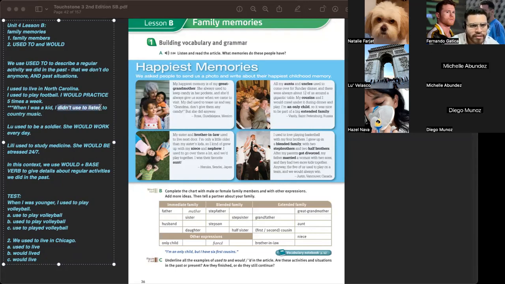This use does not have D because it's negative. You only use used with D in affirmative sentences. In negative sentences, didn't use, no D.